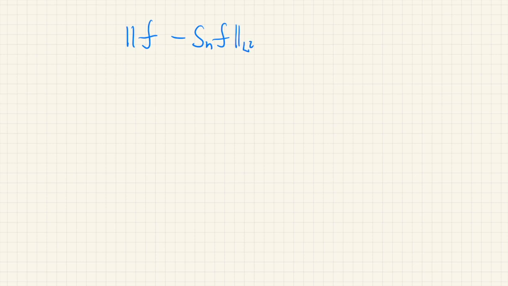Next, let's consider the difference between the function f and its projected version, Sn applied to f, in L2 norm squared. Of course, this is greater than or equal to 0, and let's expand this.